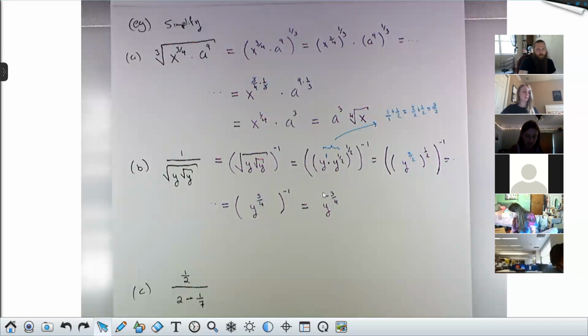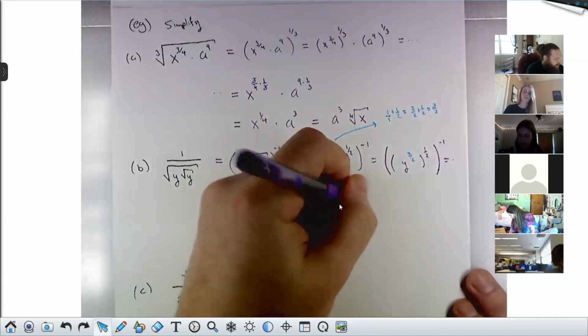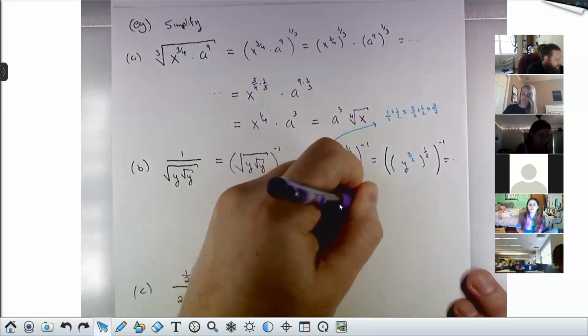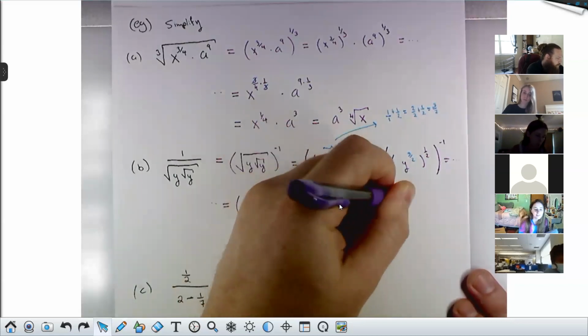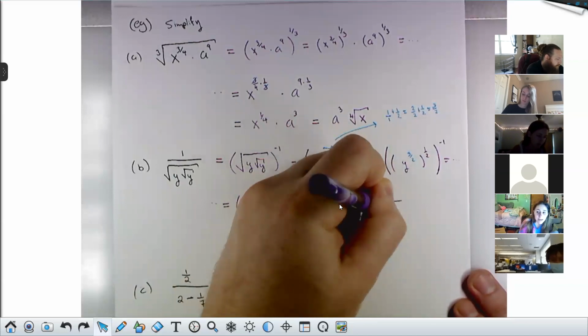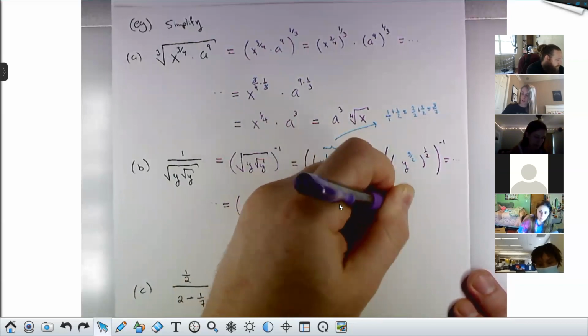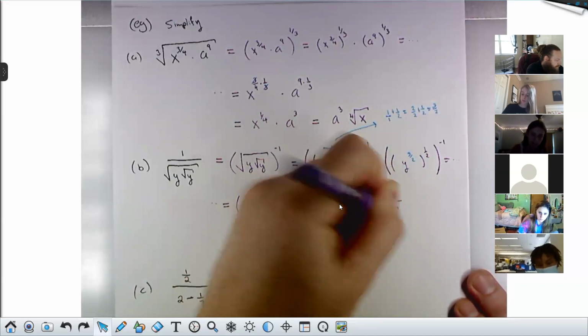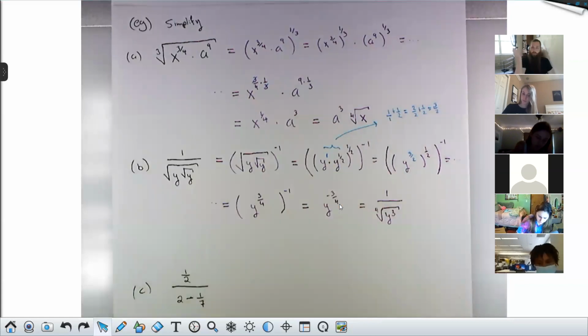All right, and we could leave it like this if we wanted to, or we could rewrite this as a fraction. There's lots of options here. Just for fun, let me show you one other way you could write this. You could write this as 1 over the 4th root of y cubed. If you wanted to. Either one would be perfectly acceptable.